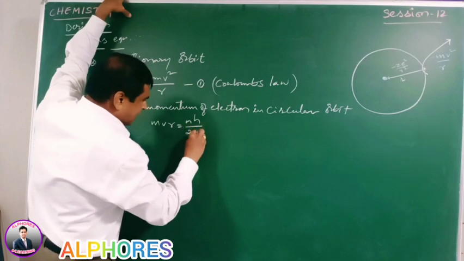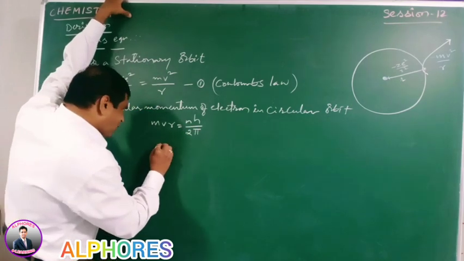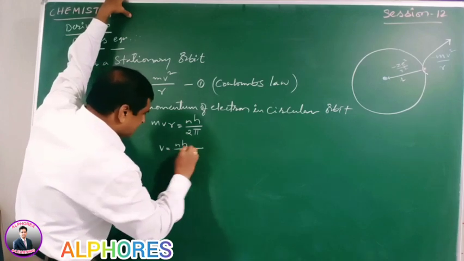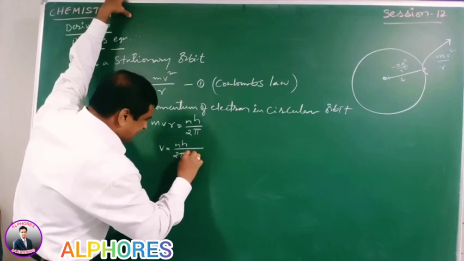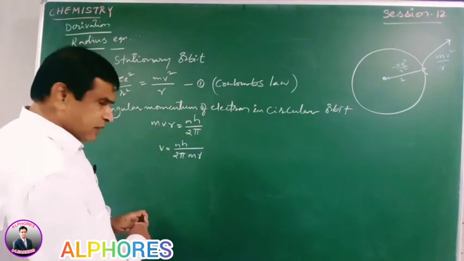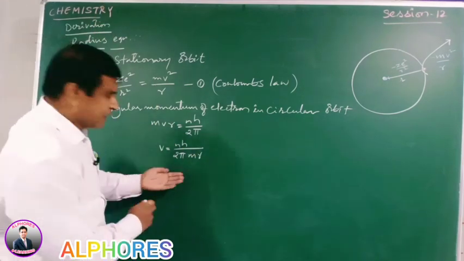Taking out velocity, v equals nh by 2 pi mr. This is the velocity term. Squaring on both sides.